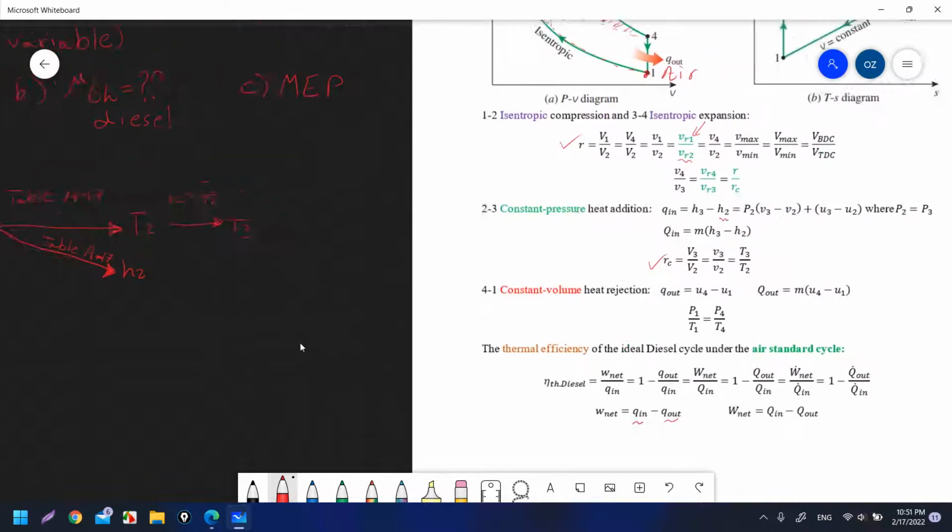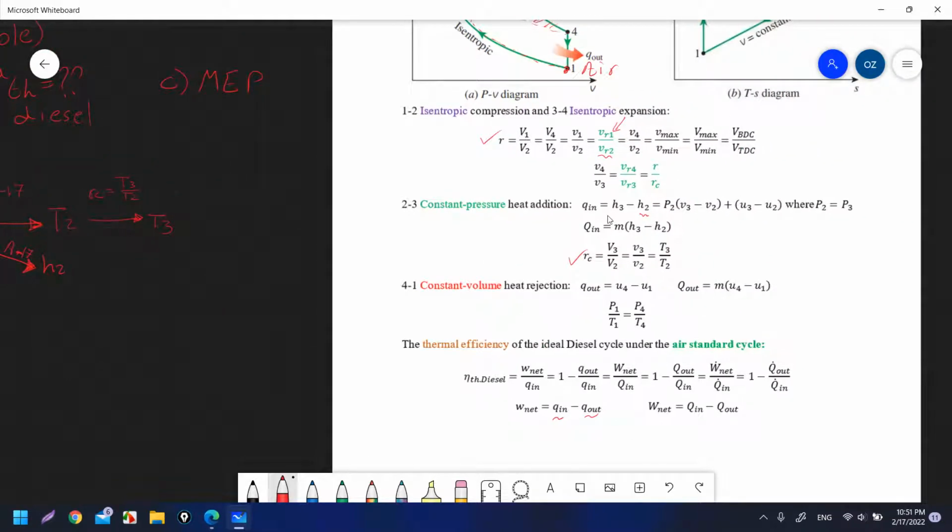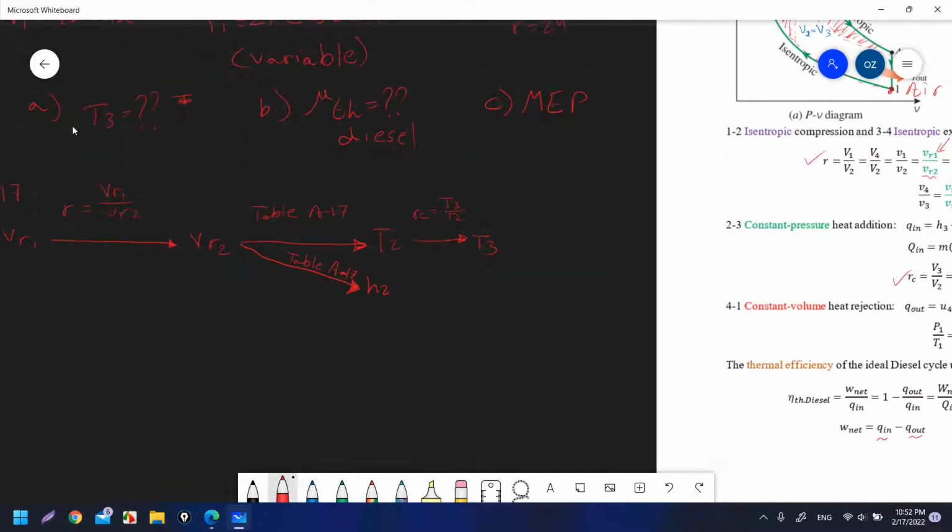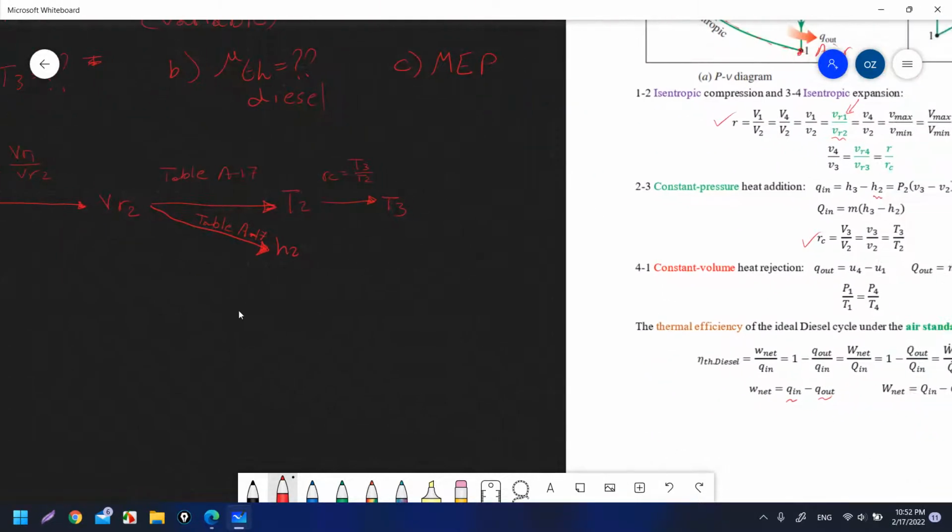And what about H3? From part A, I found T3, so I can use T3 to get H3, using table A17. So by using H3, I can find Qin.